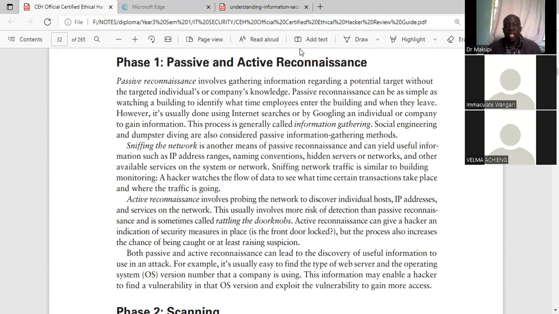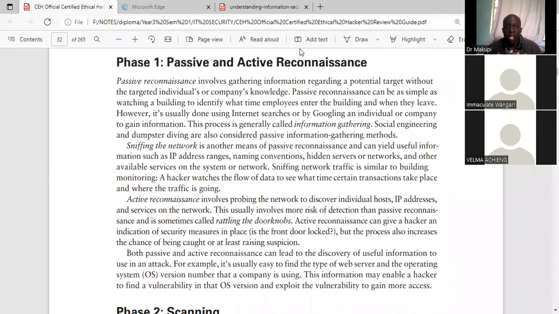Just from the outside, you don't have more information about the systems in place. Some examples of passive reconnaissance include watching a building to identify who enters in, and at what time. You're trying to monitor the actions that people do.